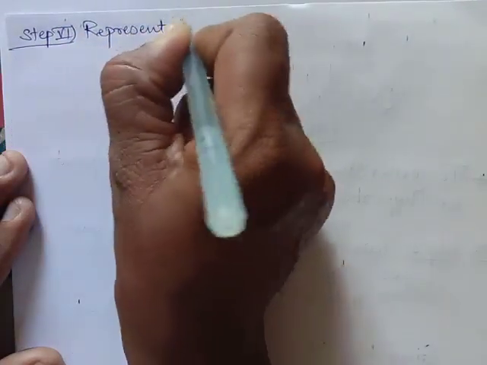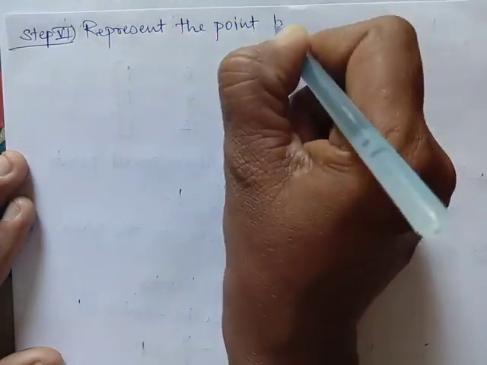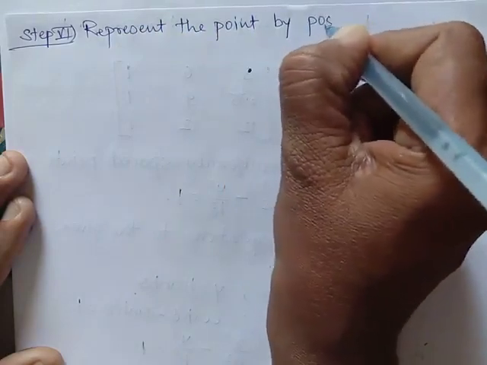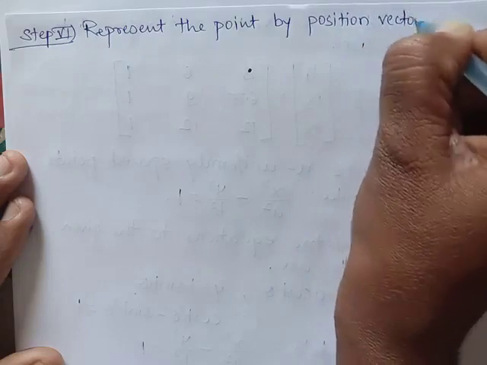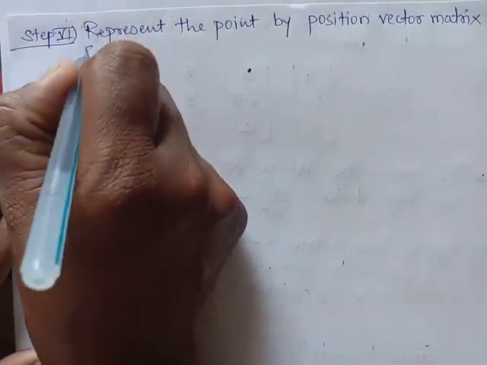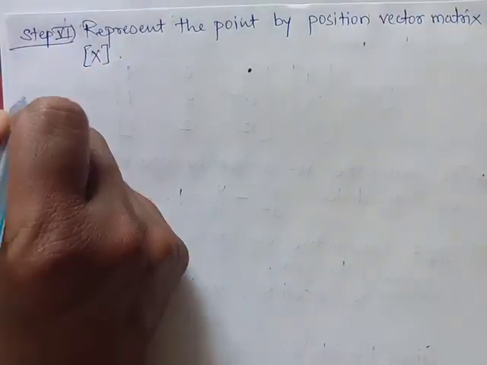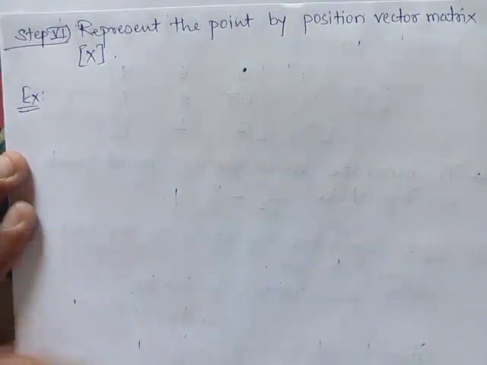Step 6 says represent the points by position vector matrix, say X.